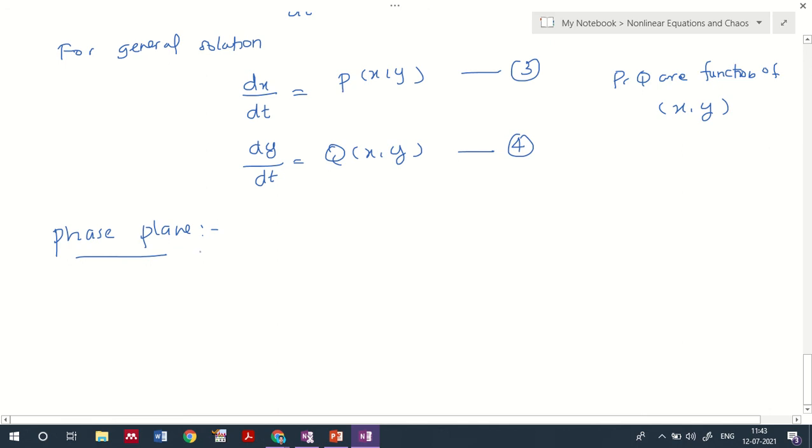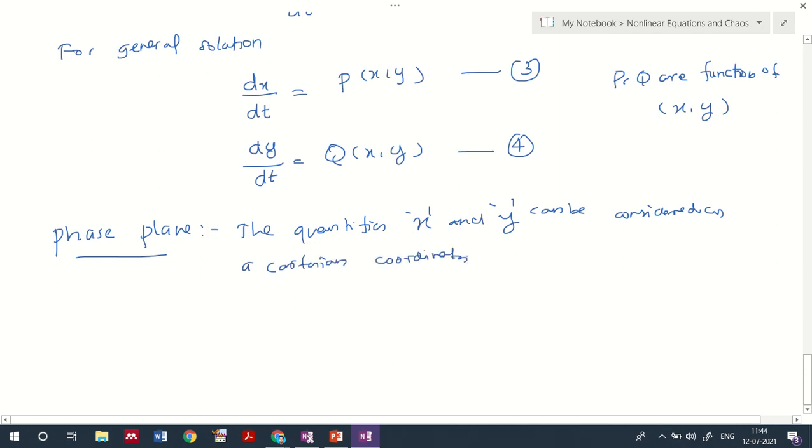In a phase plane, the quantities x and y, as I said, can be considered as Cartesian coordinates in the xy plane. Simply, you can represent that as a linear case. This is x and this is y. So this is a plane, right?